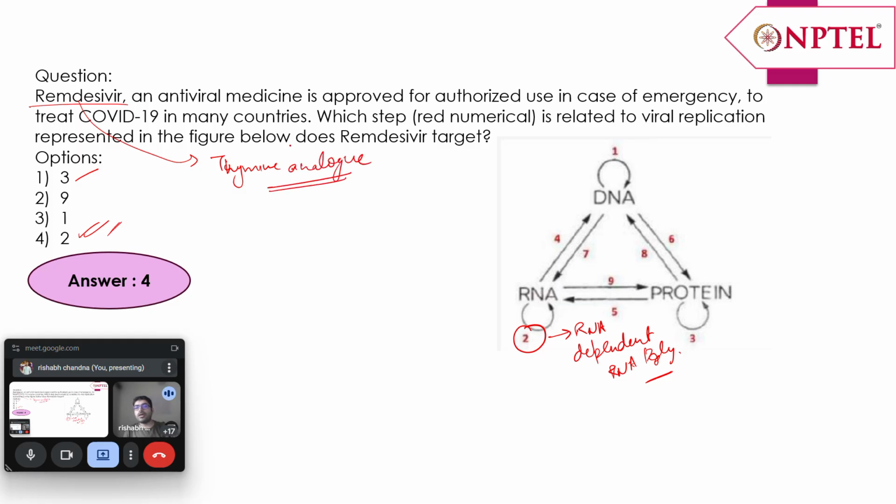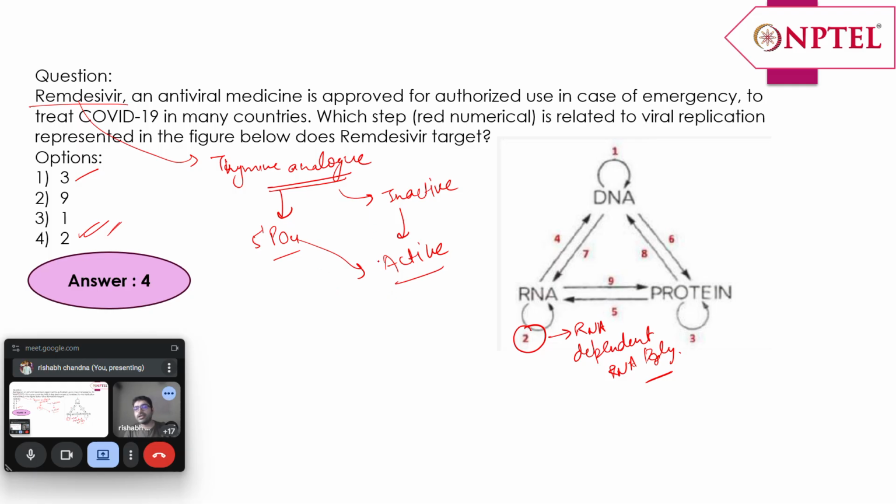And it doesn't have a 5 prime phosphate group. It is given in an inactive form. When it reaches the cell, it turns into an active form that doesn't have a 5 prime phosphate group.